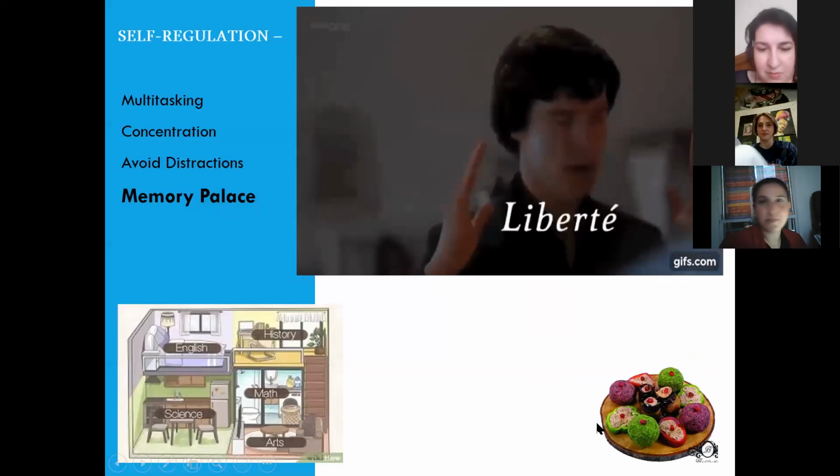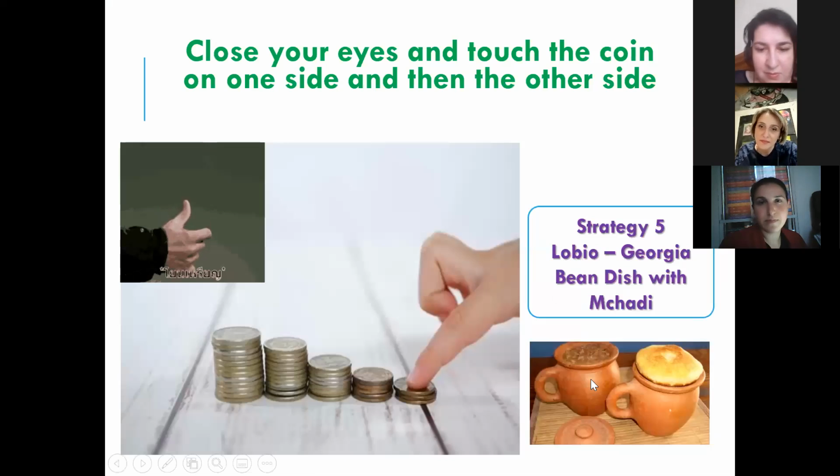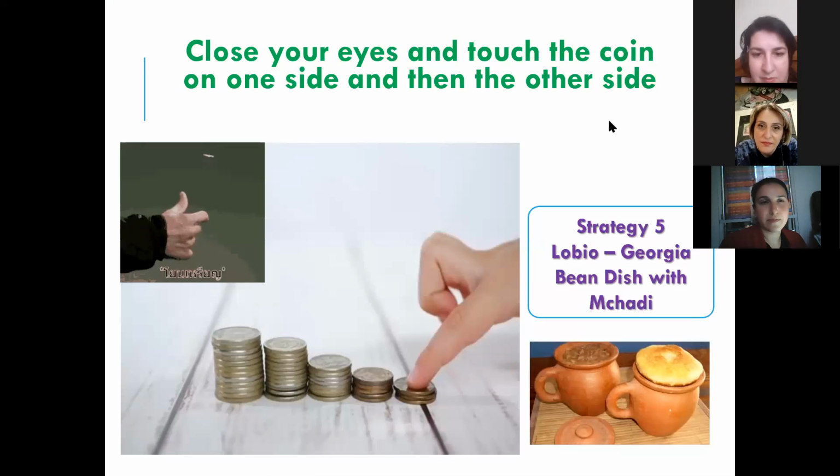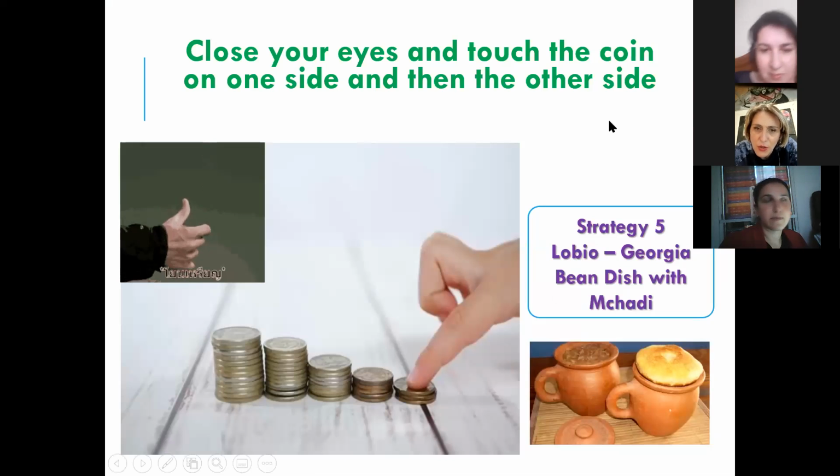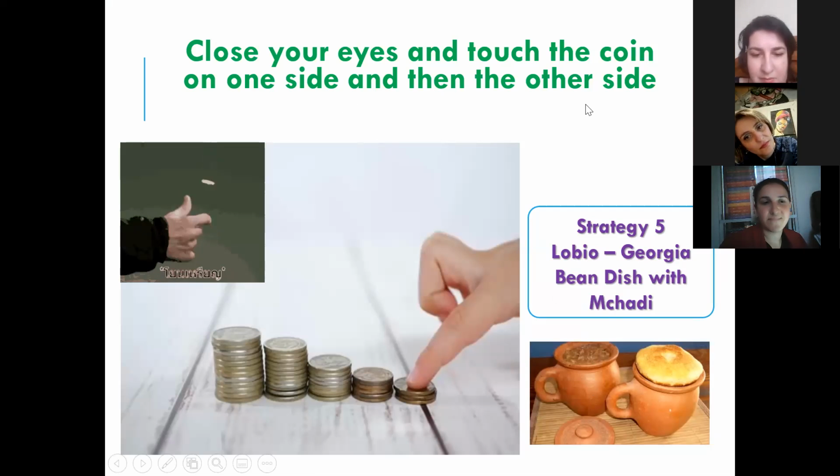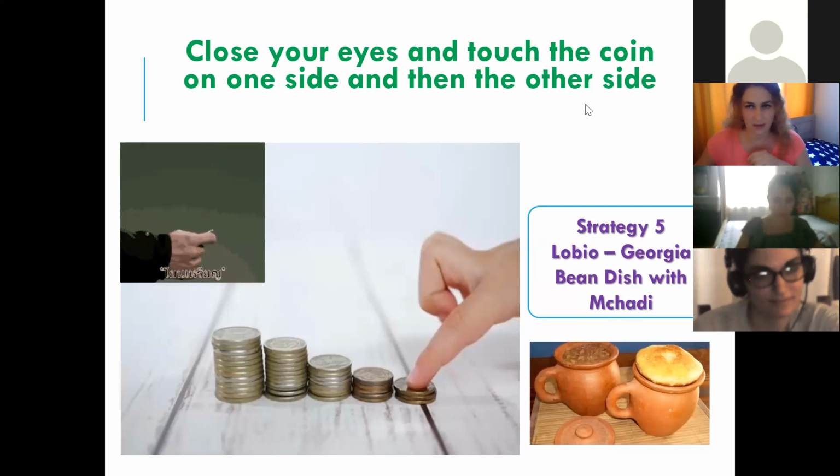As for the next strategy, I don't have the coin here, but that's okay. When I heard about the strategy, I really thought that I had been using it for many, many years. And I will tell you why.